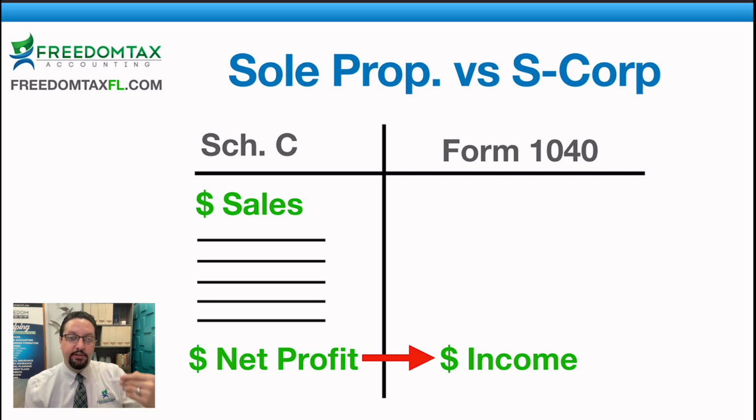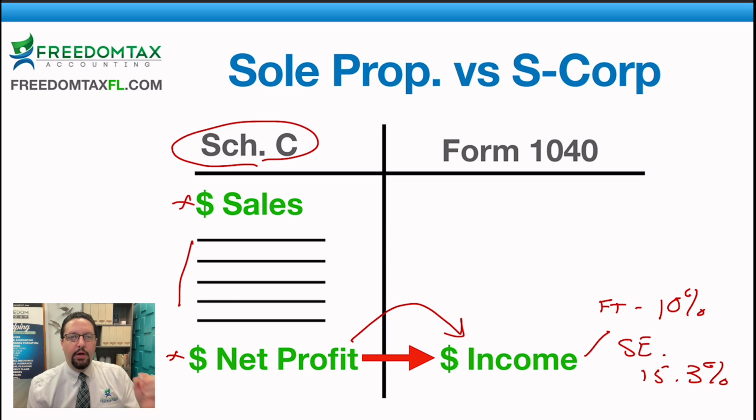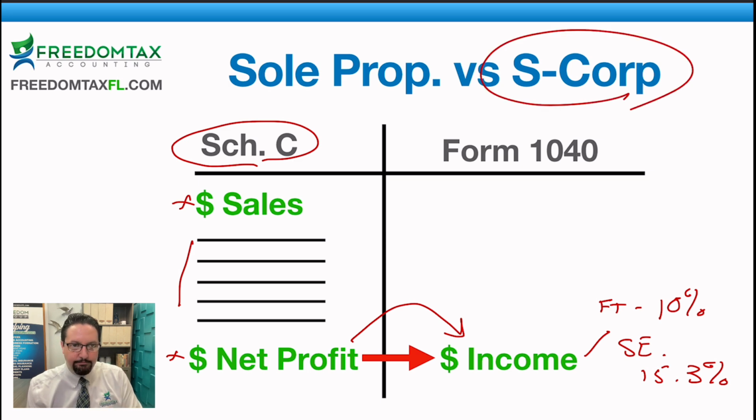And remember, single member LLCs start paying taxes on their Schedule C, as we showed you before, right? Remember, the sales, the expenses, the net profit gets reported over here. You pay federal tax starting at 10%, and you pay self-employment tax, that is 15.3%, right?